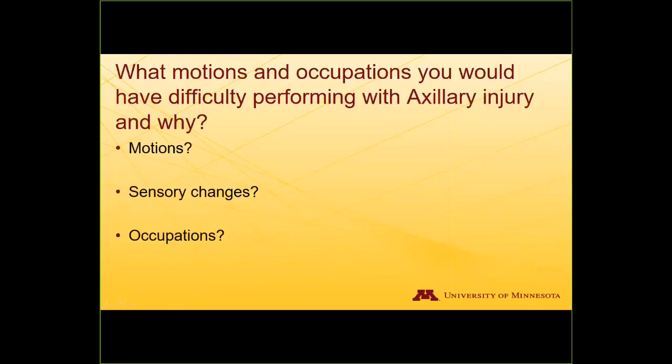So now the question to you is, what type of motions would we expect to see diminished as a result of this axillary nerve injury? Go. The deltoid makes what movements happen?